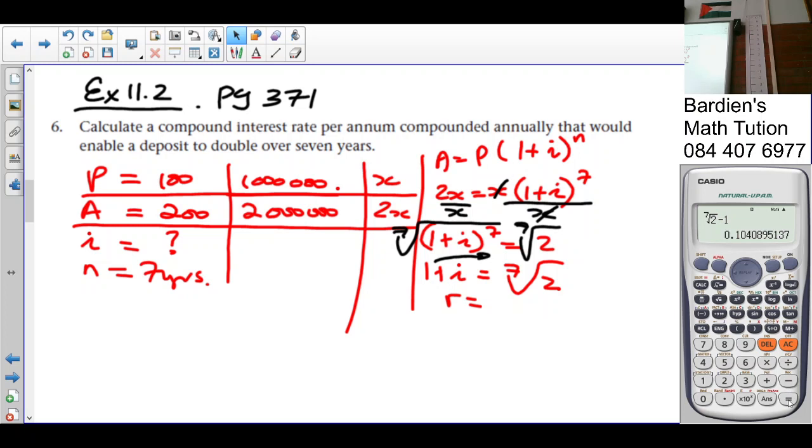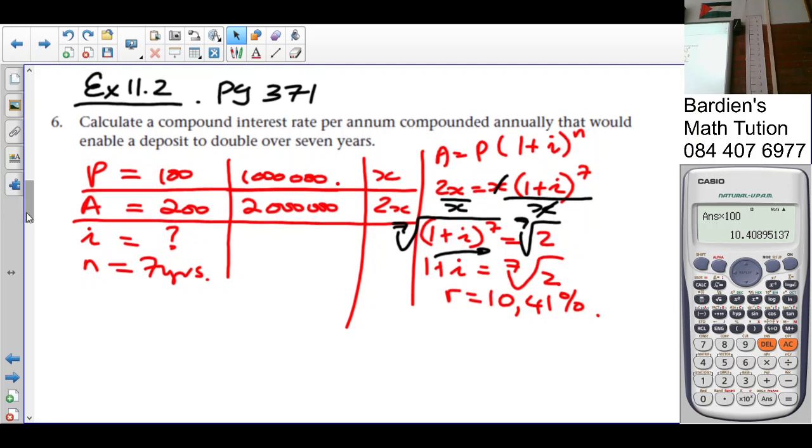Then what do I multiply it by 100. Gives you 10,41%. Okay, any confusion there? Any confusion there, people? Okay. Any other problems with exercise 11.2?